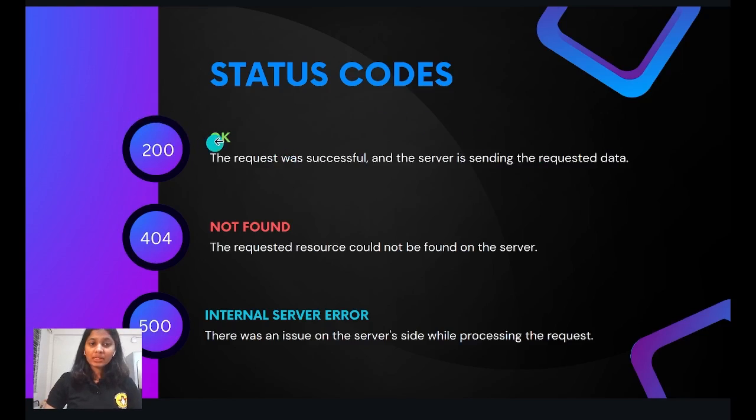So 200 means OK, that is, the request was successful and the server is sending the requested data. The second one is 404, not found. The requested resource could not be found on the server. The last one we'll talk about is the internal server error, 500. This means that there was an issue on the server side while processing the request. These status codes are crucial for understanding whether a request was successful, encountered an error, or needs further action.